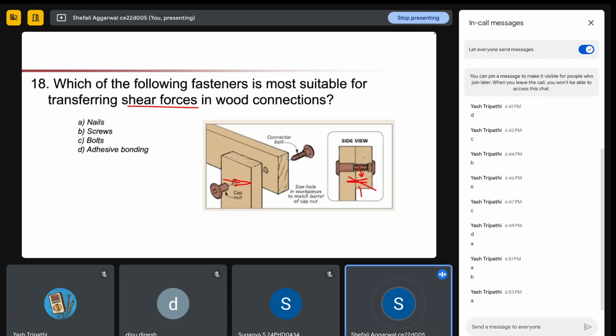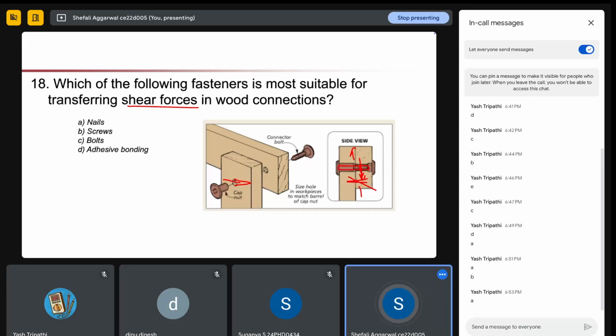And in case of bolts, what we are doing is we are providing a hole and then we are providing a bolt and connection, right? So even if there is a shear force applied in this case, there won't be any tearing. It will be a much stronger bond as compared to other types of connections, because it will be from the complete length, first thing.